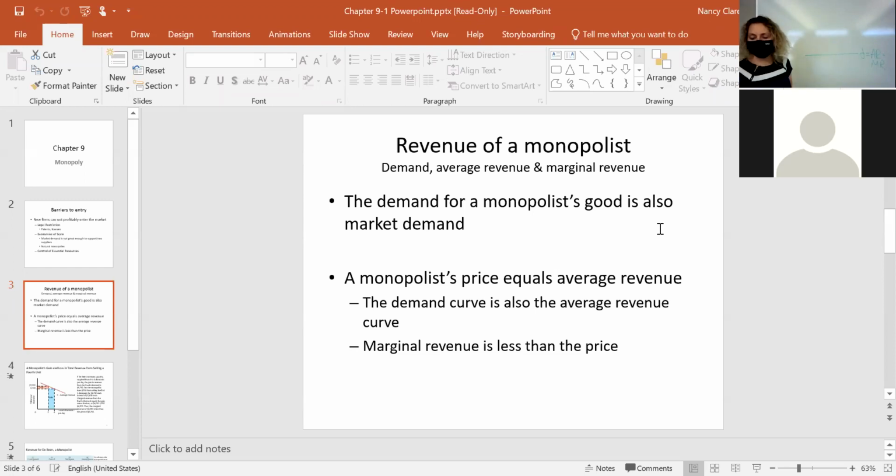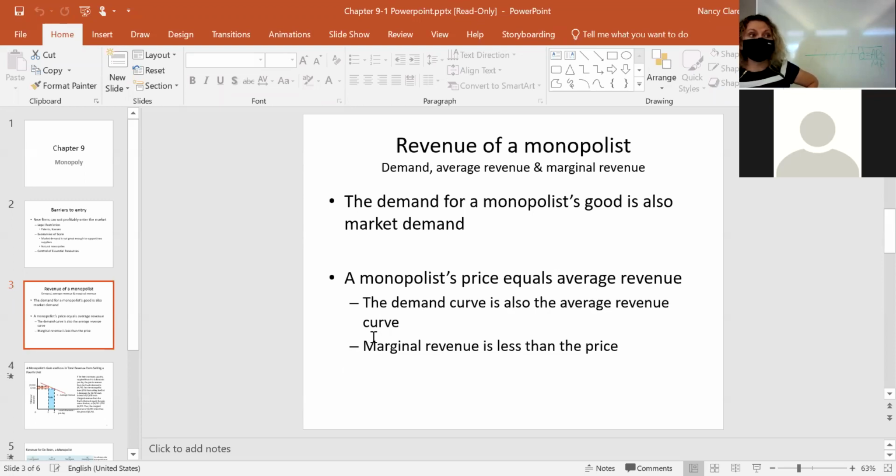What this is saying is that price, or the demand curve, is equal to average revenue. So we're still going to find this to be true, right? But remember, our demand curve no longer looks like this. It's downward sloping instead because we get the market demand. Sorry, I know that isn't showing up, but the demand curve is also the average revenue curve.